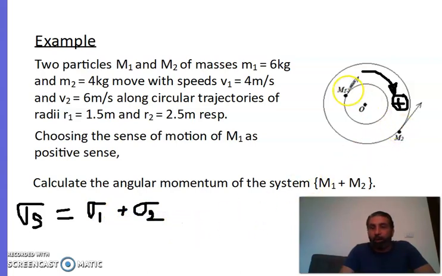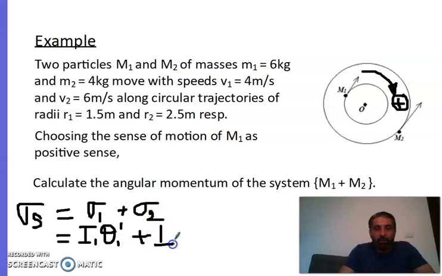Because we have only two particles, m1 and m2, and you know that the angular momentum of a particle is I theta prime, so this is I1 theta prime 1 plus I2 theta prime 2.